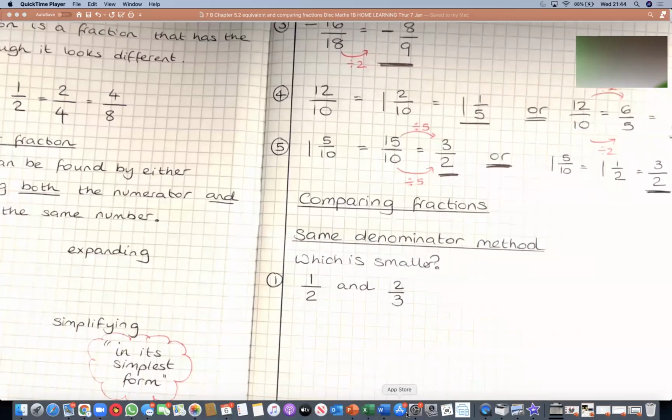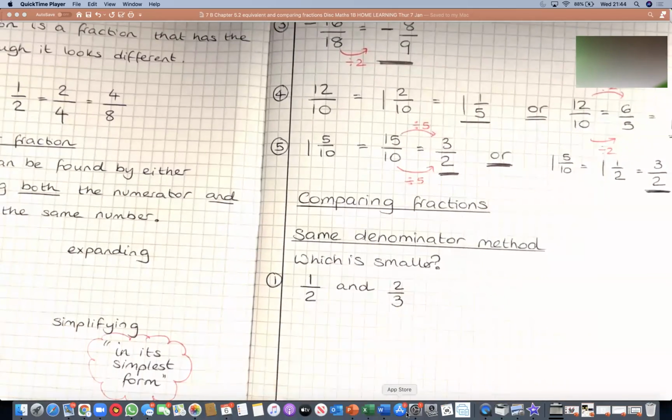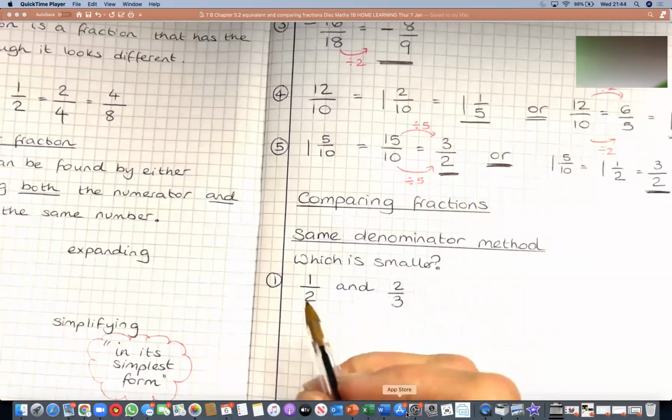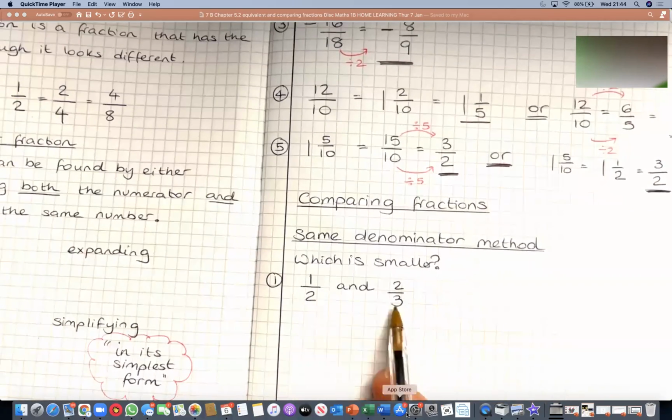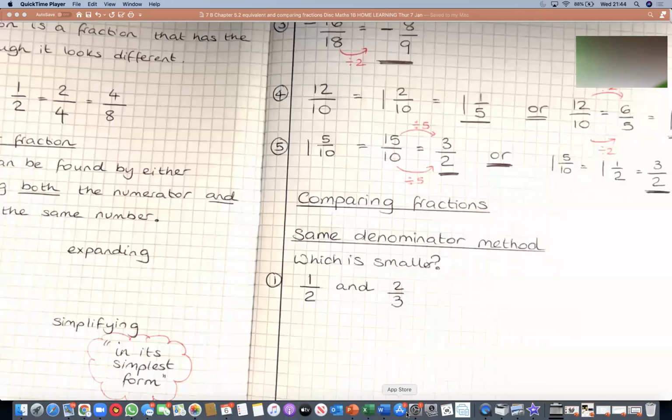Okay, let's have a look at it and see. I need to create equivalent fractions with the denominator the same. The simplest way to do that is to multiply my two denominators together.